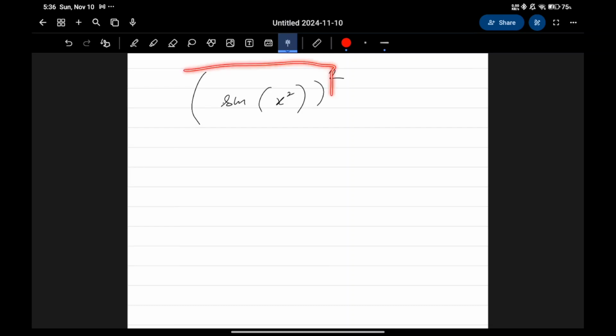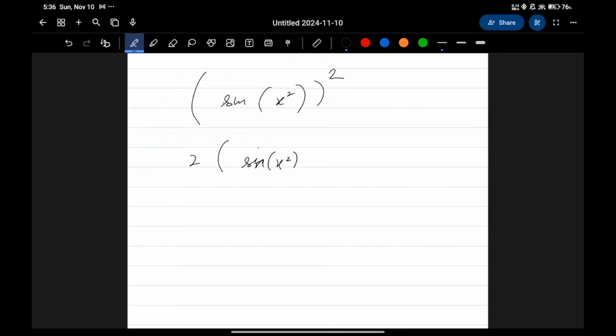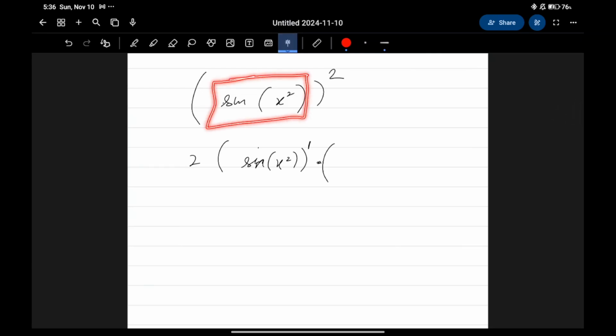So, this as a whole is just some expression squared. So, let me bring the power down and reduce whatever that was inside. I don't care what inside was yet, and reduce it by 1. Now, multiply. Let's go inside. Now, we are considering this. What is this? This is just some sine function, right?